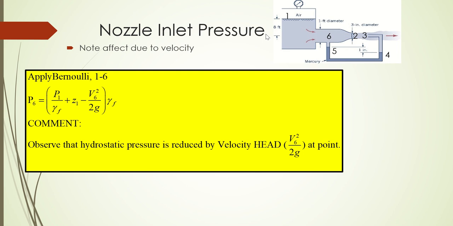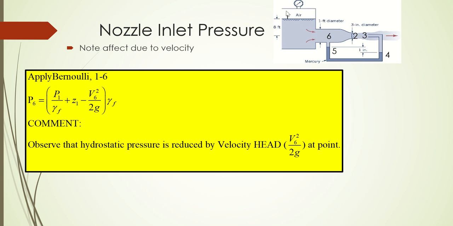That's the static pressure. But there's another component that contributes to pressure. It's my dynamic pressure. V6 squared over 2g is my velocity head. It's the dynamic component to my pressure because we have molecules moving. So understand that P1 is not equal to P6.